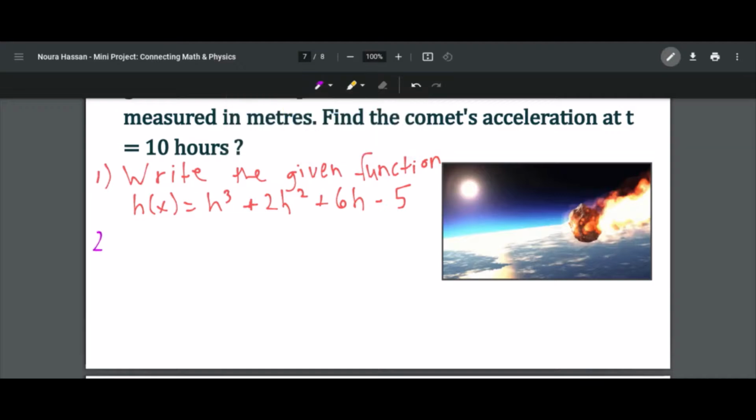Step 2, find the derivative of the function.